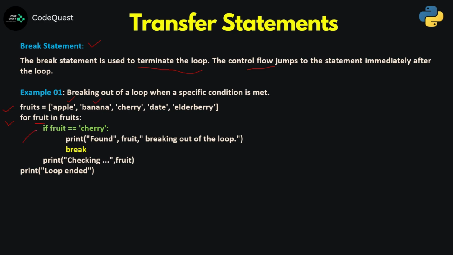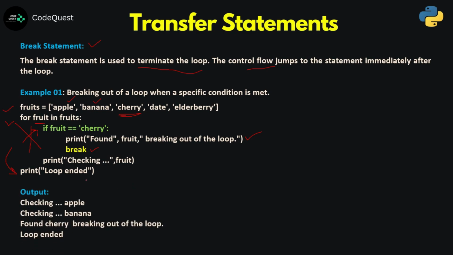Now inside this we have added one condition that if the fruit is cherry, I mean by the time the fruit reaches this third item, that is cherry, I flash a message like I found this cherry, and then this break is going to execute, as a result of which this entire loop is going to terminate and we will come out of the loop, and the very immediate line that we have written here is loop ended.